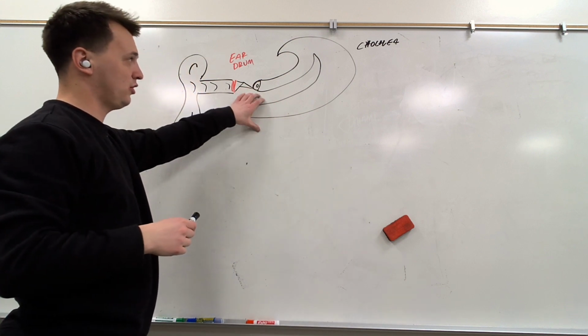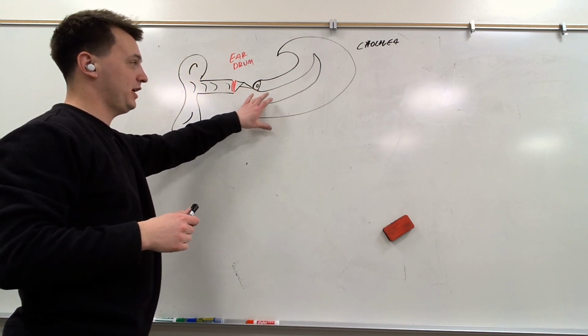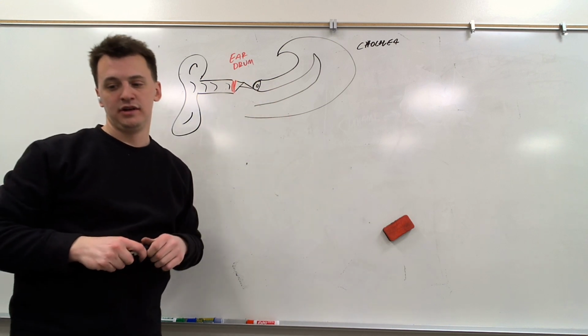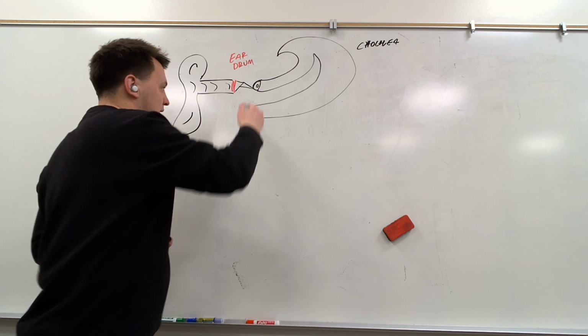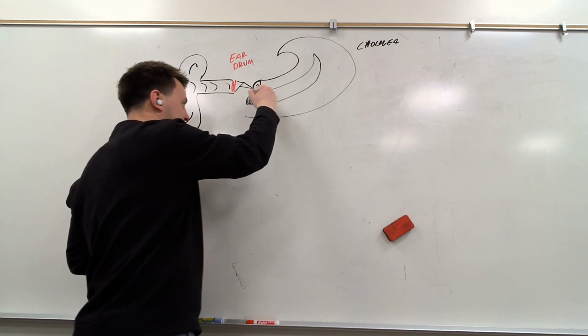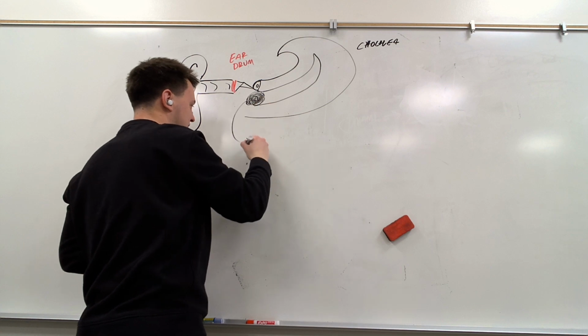This is drawn very dramatic. Usually this is a lot closer. So we have this thing right here. Again, it's usually drawn a lot closer, so it doesn't have to be that big, but this is called a round window.